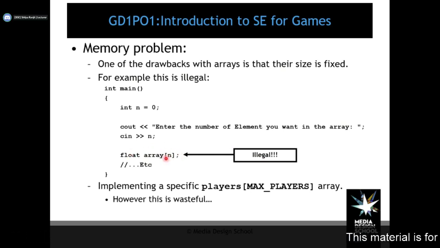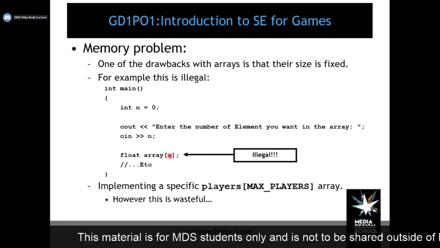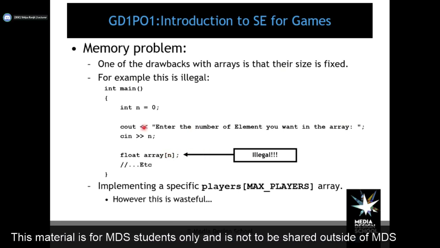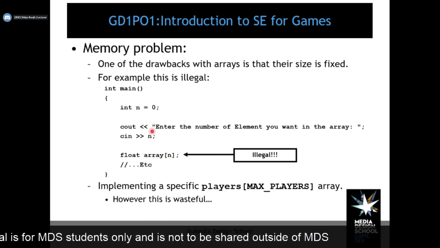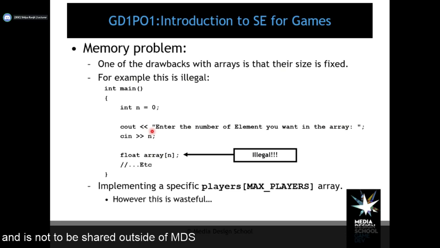Based on the number in the square brackets, the compiler understands how much memory is supposed to be allocated for this array. But since you've said float array n, the value of n is only obtained at runtime, because it is only when you run the program that the player can give the element value.